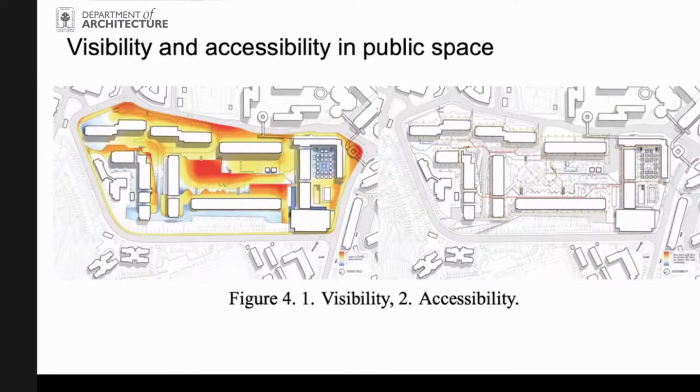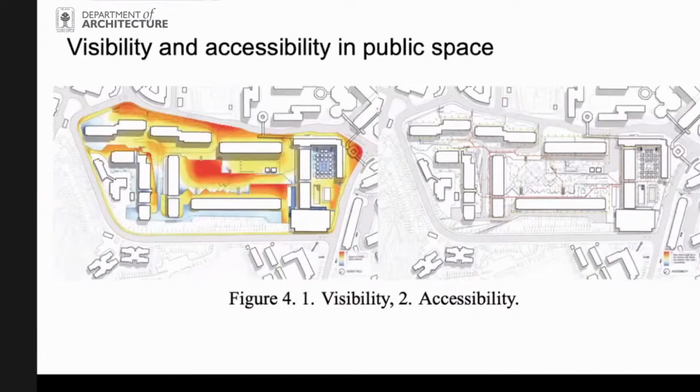The red area is more visible from the entire site, and the blue area is more hidden from the entire space. It means that it's more private. So you can use the blue area for maybe a private open space or private garden.